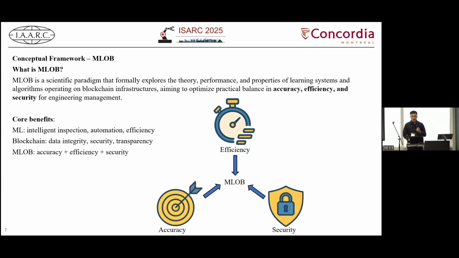And it has some core benefits because machine learning can be used to provide advanced intelligence and efficiency, and the blockchain part can provide enhanced data integrity and security. And when they combine together, they can ensure the accuracy, efficiency, and security of engineering management.